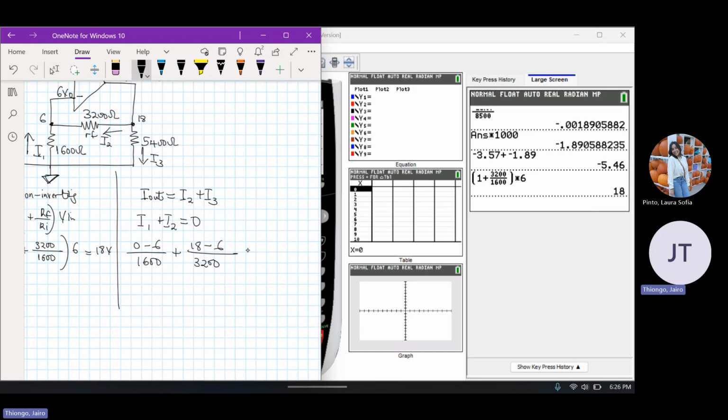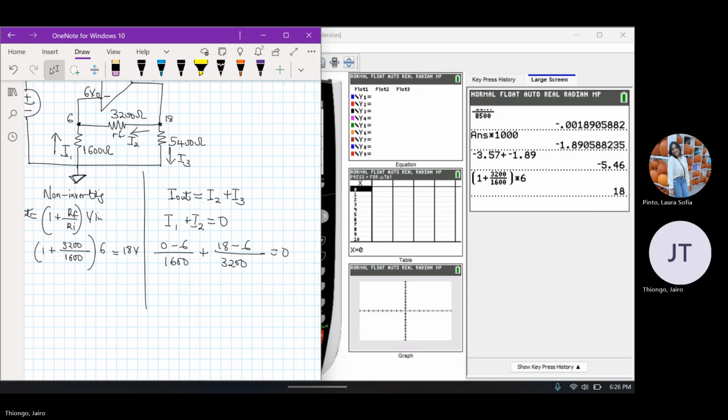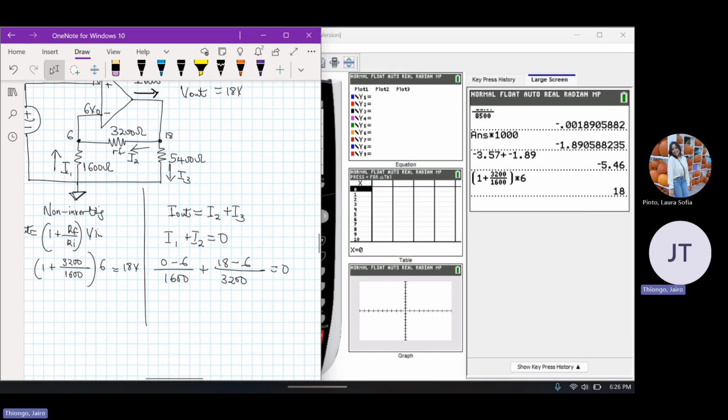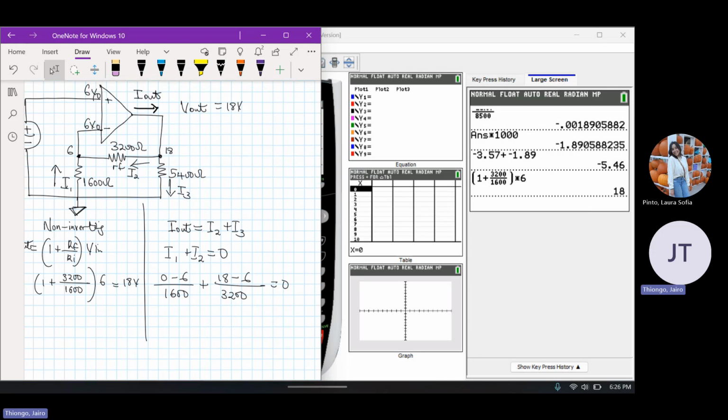And this should give us what? Is that right? Give me 1 second. Let's see if this is right. I1, I2, and I out. There's 0.